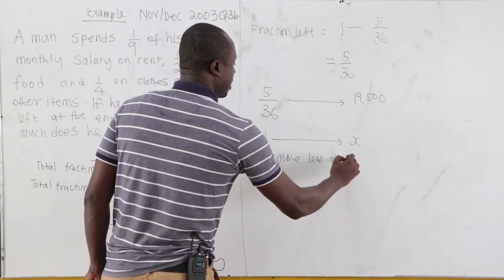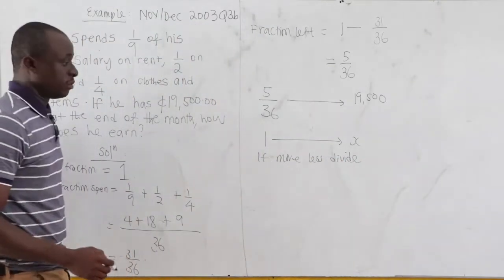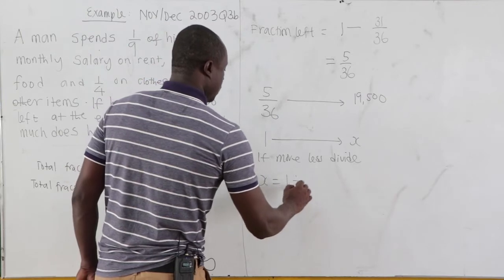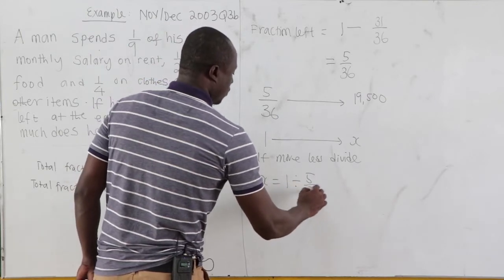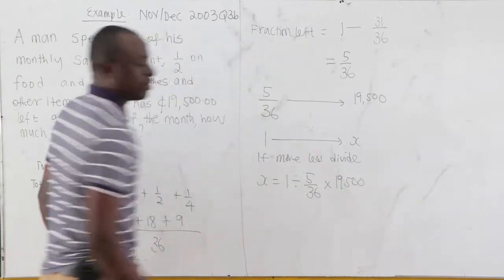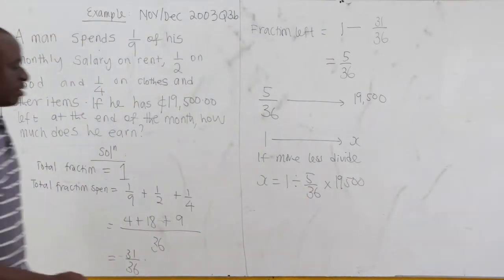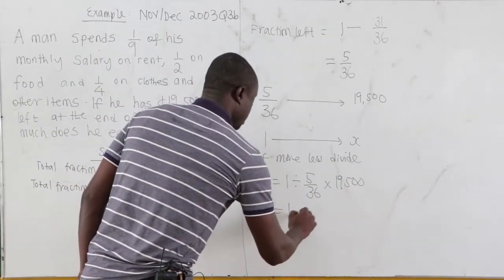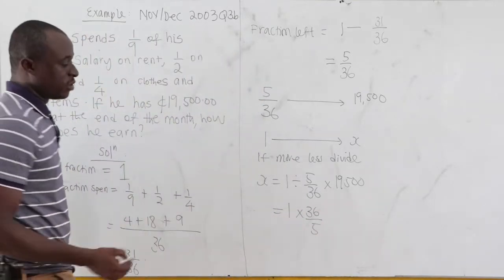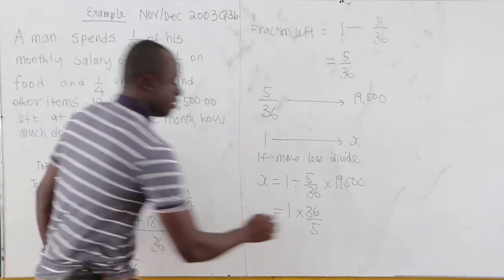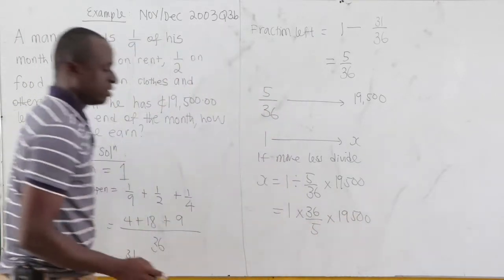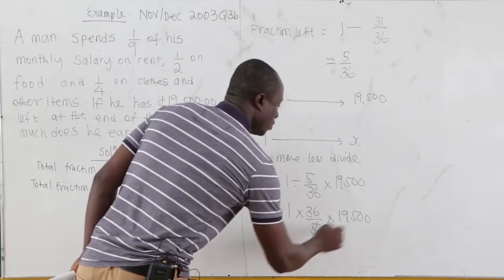So from here, x will be equal to 1 divided by 5 over 36 times 19,500. Now, this would give us 1 times 36 over 5. Why? We have to reciprocate the second term, then times 19,500. Now, how many times does 5 go into this?